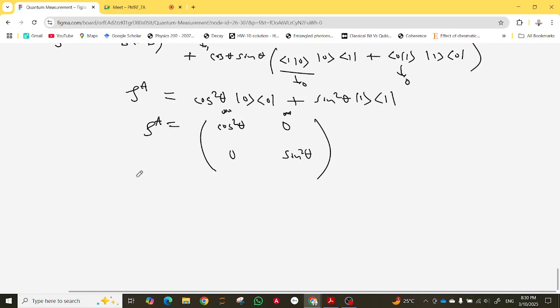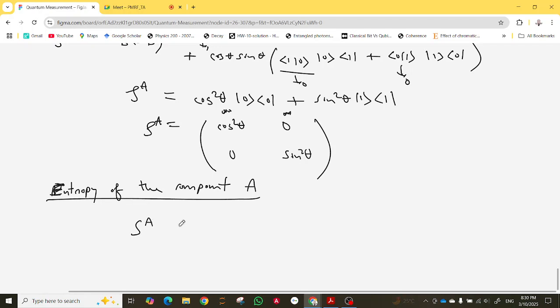Now the entropies of the components. Similarly, first the entropy of component A. SA will be what?